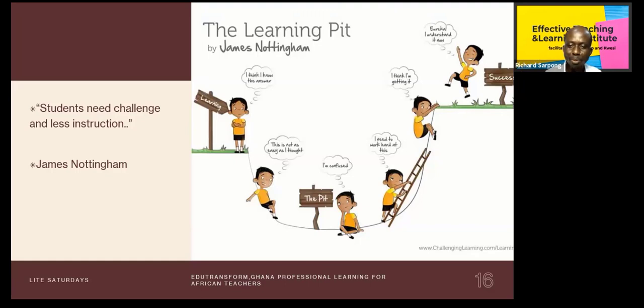So they come to the point where they are confused about what exactly is required of them, how they should solve the question, how they should write the essay. They tried and they don't know what to do until we scaffold it for them, maybe through collaborative work. We talked about the teacher guiding them to start working on some of it so that they become familiar with it.